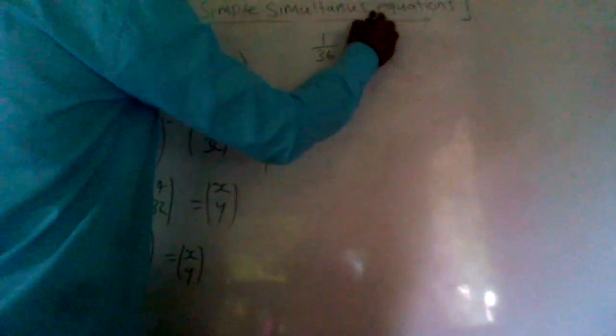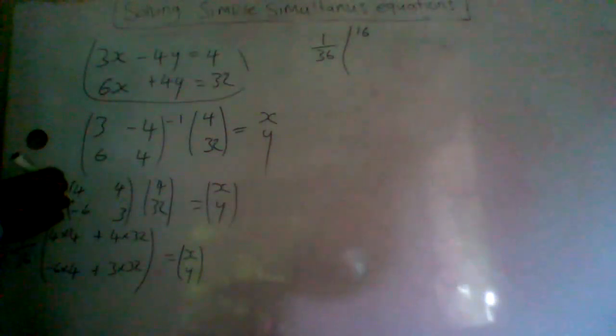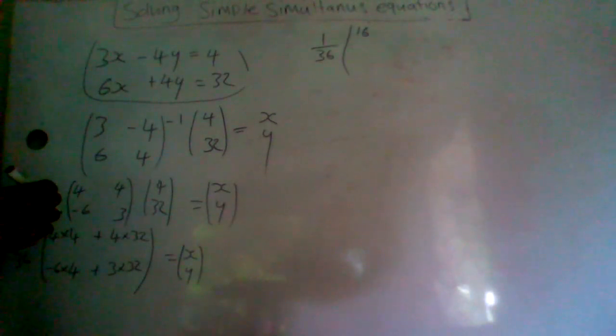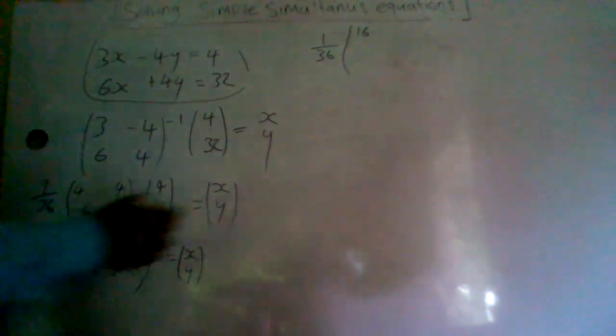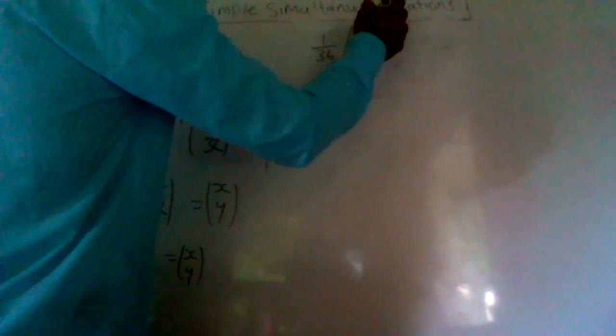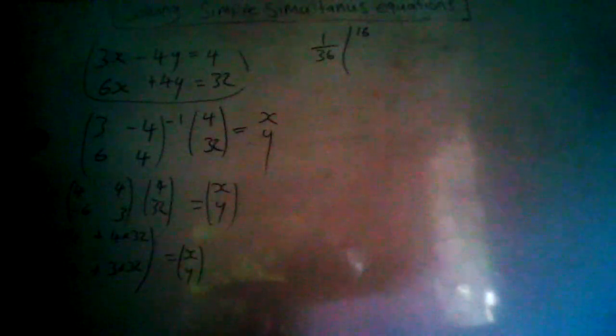So we'll have here 4 times 4 will be 16. 4 times 32 here would be, sorry, 128.